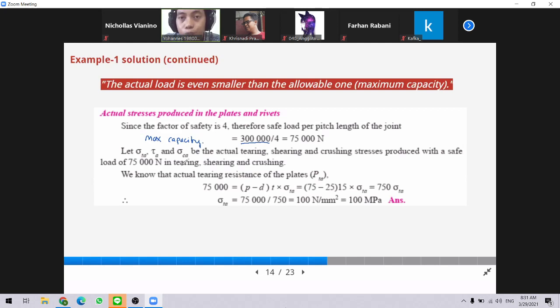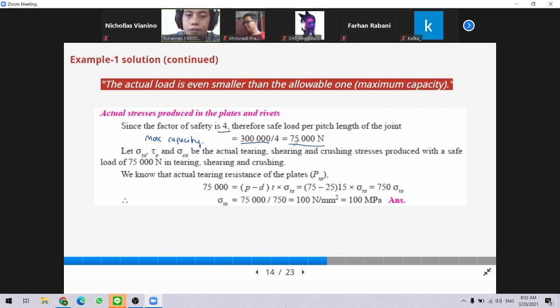We have to make it smaller. Okay. So, for example, here we have a factor of safety of 4. Actually, 4 is a very big safety factor. It can accommodate the dynamic load, the impact load. Okay. So here we have the final specification for our joint: 75,000 Newton or 75 kilonewton.